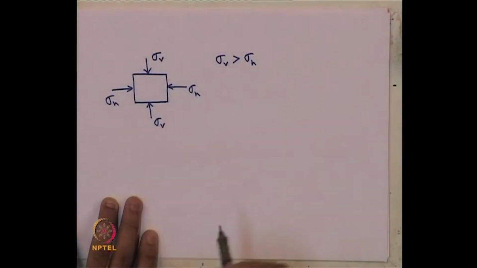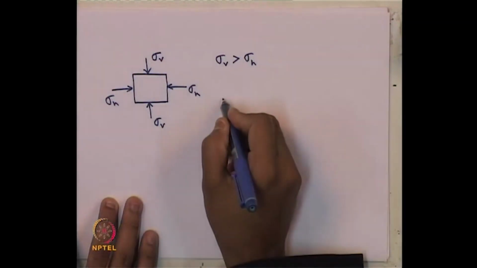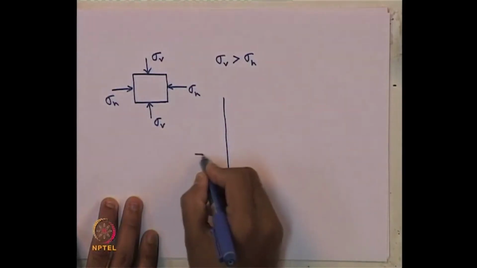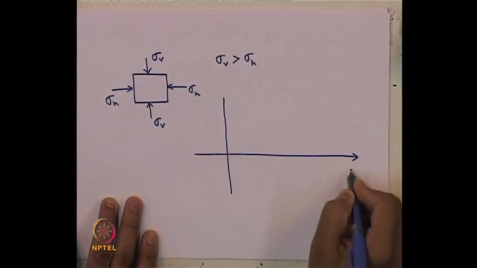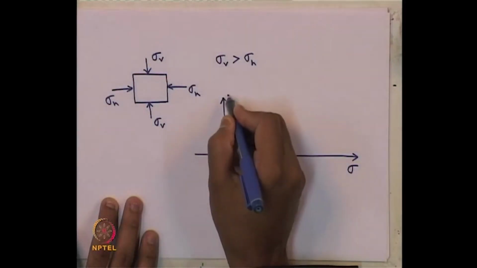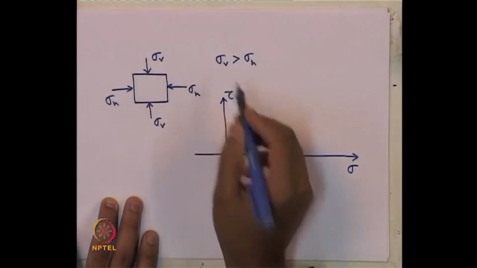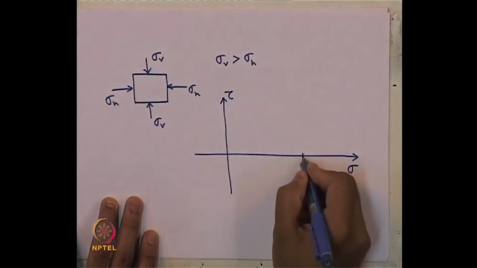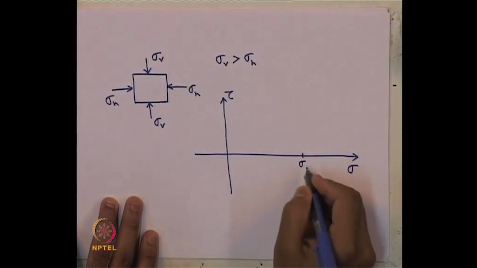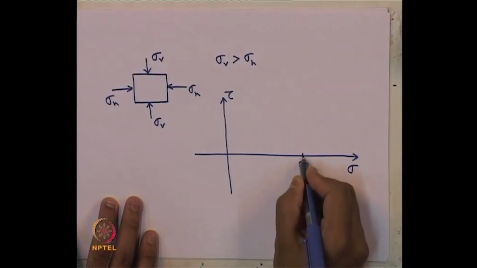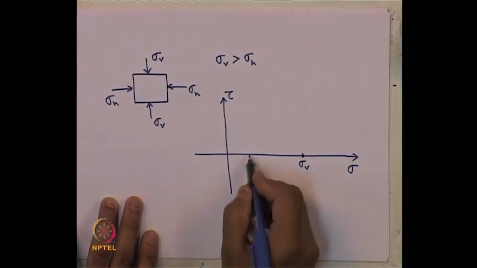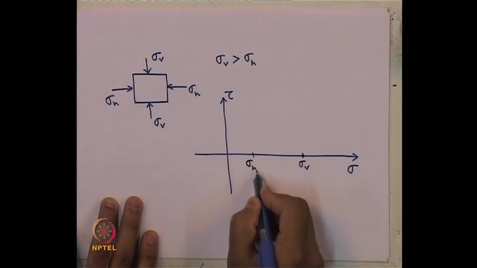Now, how to draw this in terms of Mohr circle? That we know, this is x axis normal stress, y axis shear stress, and these are compressive stresses we are considering as positive. So, sigma v is greater than sigma h, and these are principal stresses. This is the value of sigma v, this is the value of sigma h.